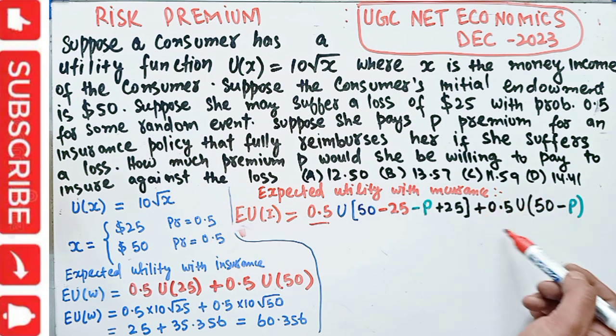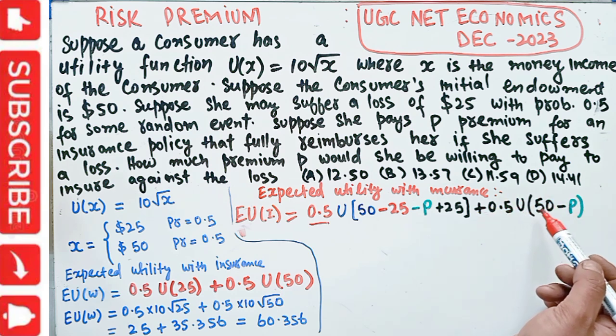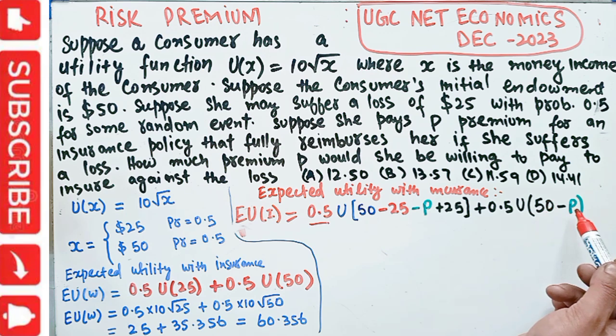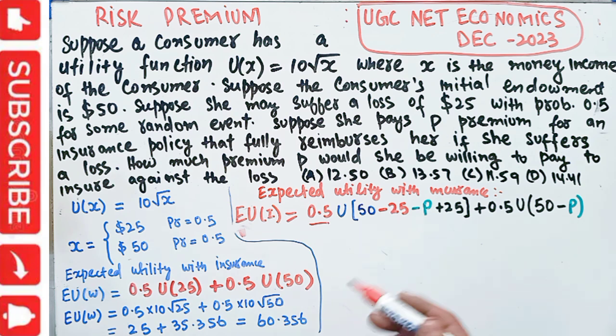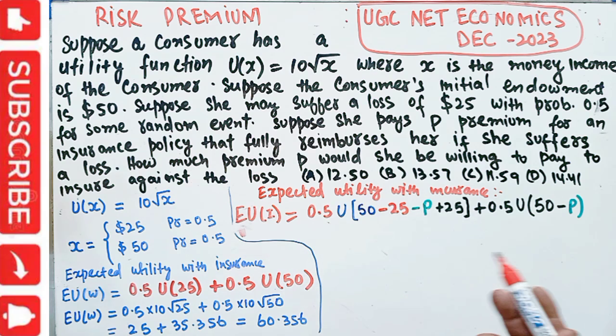If nothing bad happens to her, what will be her utility? That will be equal to initial income minus the premium, since she has to pay the premium if nothing bad happens to her.